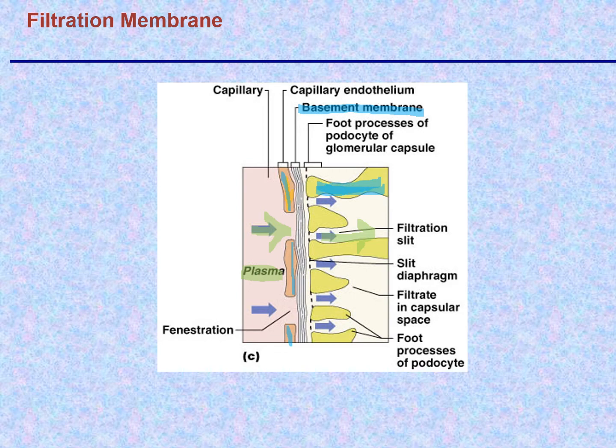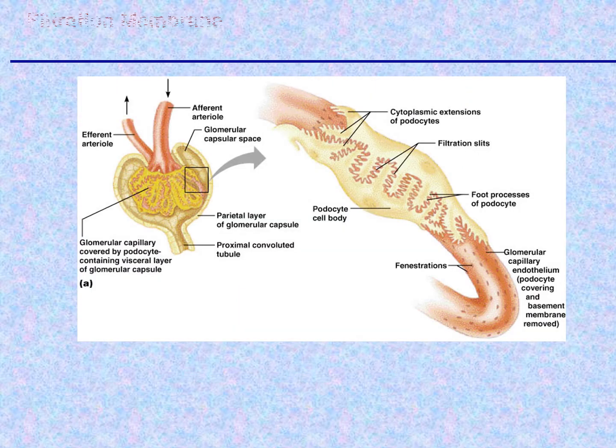Podocytes have foot processes that extend over the surface of the glomerular capillary. I'll show you on the next diagram what that looks like. So that's the filtration membrane. Here you see a fenestrated capillary, part of the glomerulus. You can see the little holes in it, the fenestrations, and you see the podocyte on the surface of that, forming the filtration slits where filtration actually occurs.